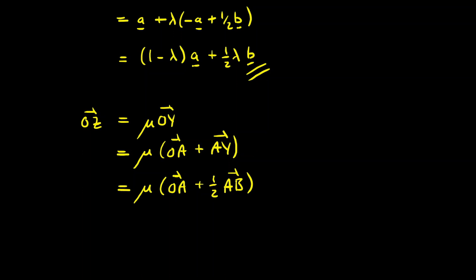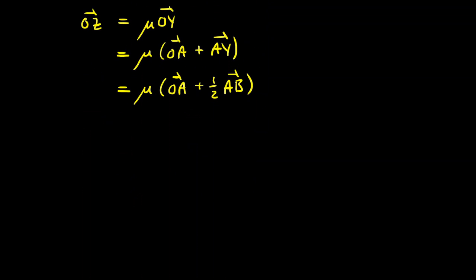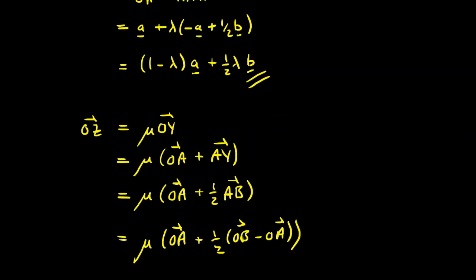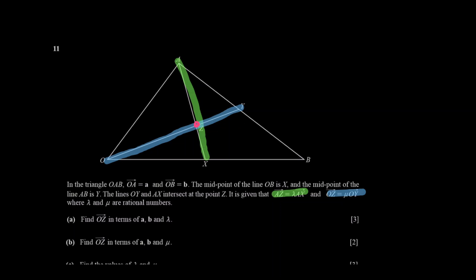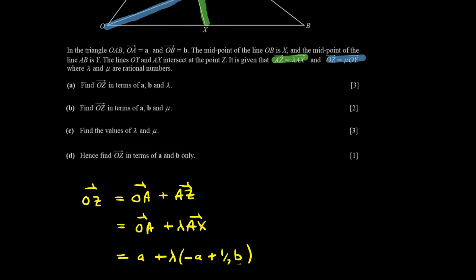So then we've got to think, what is the vector AB? The vector AB is the same thing as OB minus OA. If you're not sure about that, for the vector AB, minus A takes me to there, and plus B takes me to there.